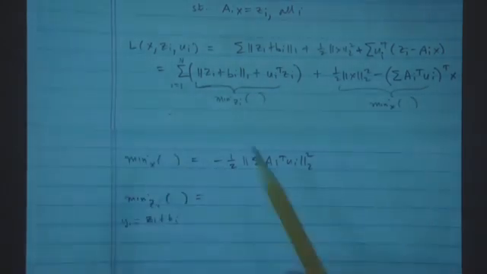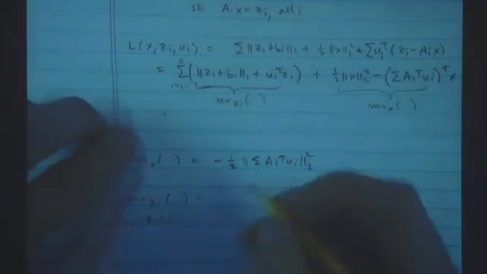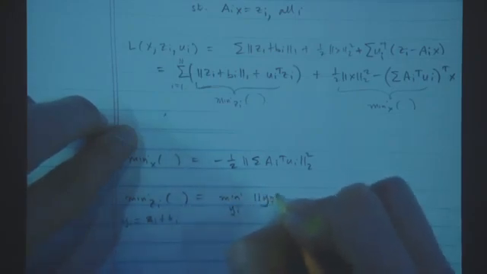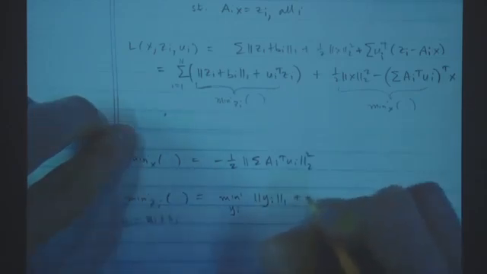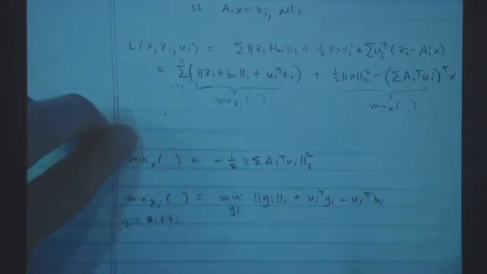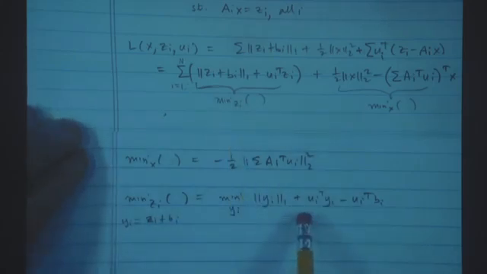If I minimize over all zi unconstrained, I can also write it as a minimization over yi. That's fine. So it's the same as the minimum over all yi of yi in the L1 norm, plus ui transpose yi minus ui transpose bi. After the substitution, I just turned this into this, the same problem.